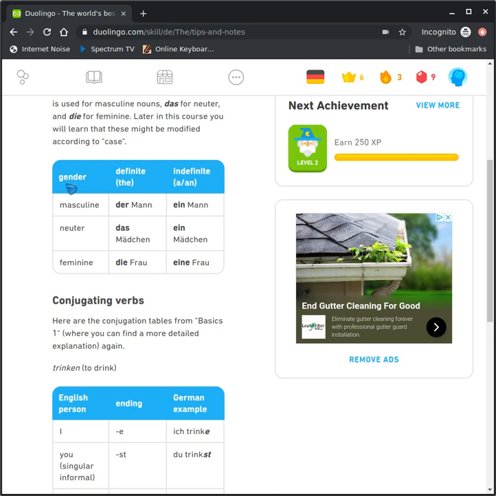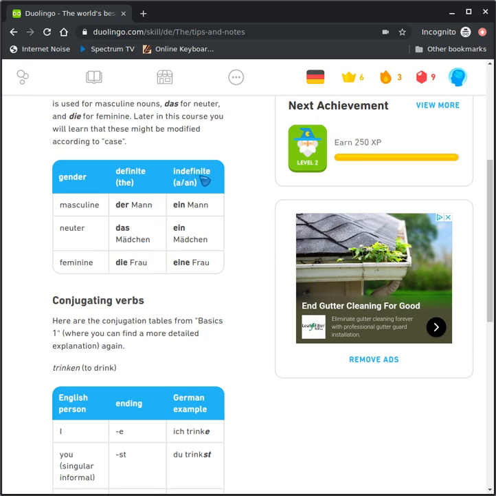Okay, so anyway, gender, masculine, neuter, or feminine. There's only three. Definite article. So the masculine definite article is der. The neuter definite article is das. And the feminine definite article is die, as we've already gone through. So we have der Mann, das Mädchen, die Frau.